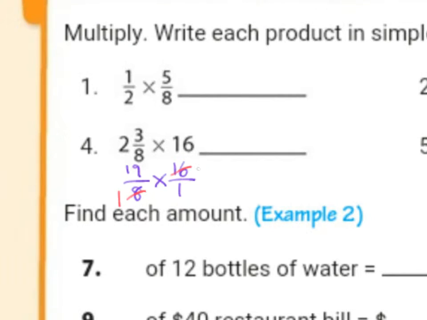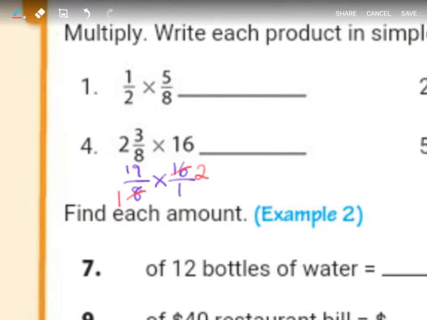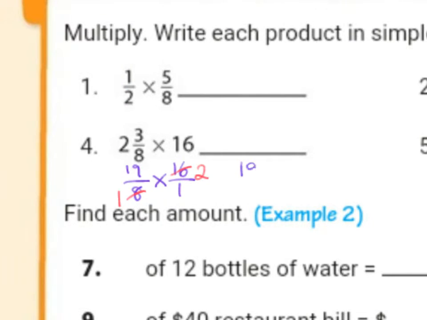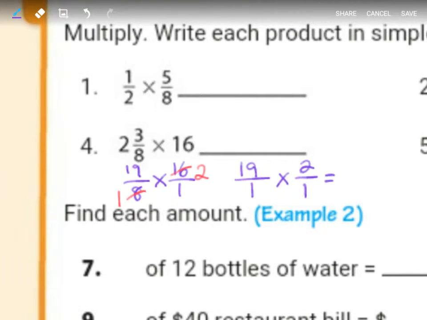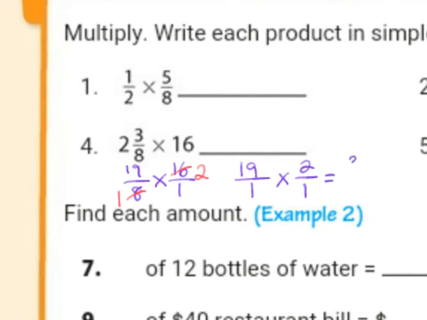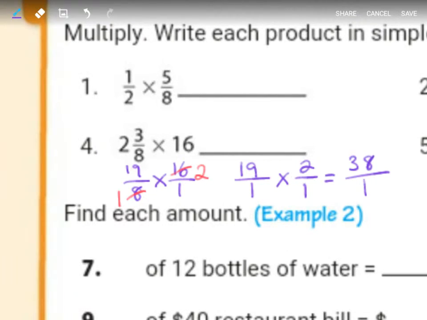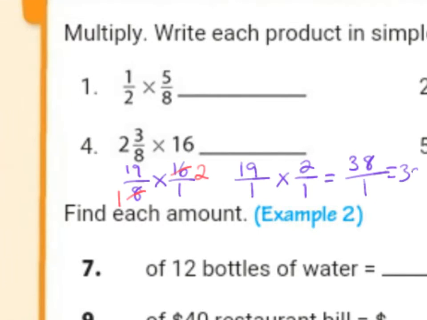It goes into 16 2 times. So let me rewrite my fraction over here. I have 19 over 1 times 2 over 1, which would give me 19 times 2 is going to give me 38 over 1, which is the same thing as just 38. There's my answer.